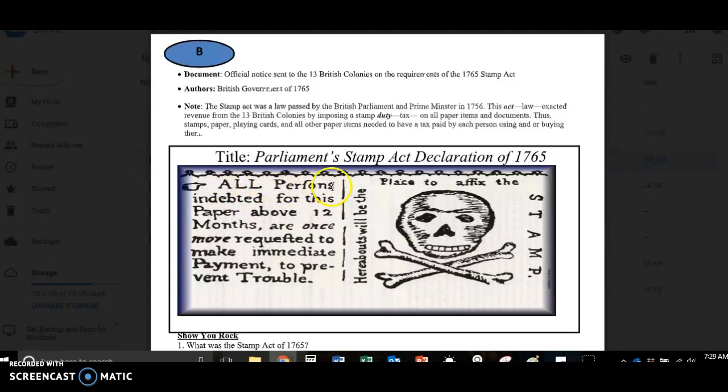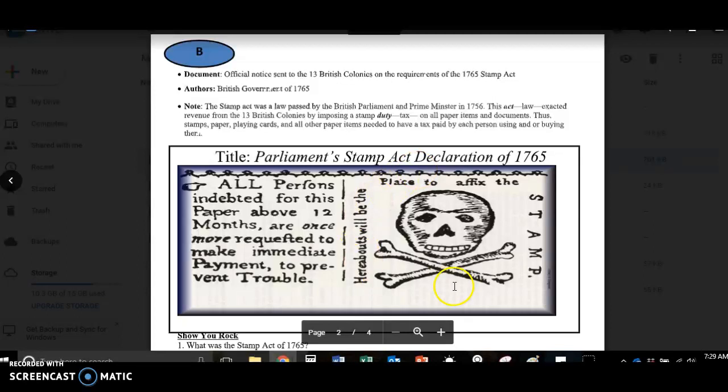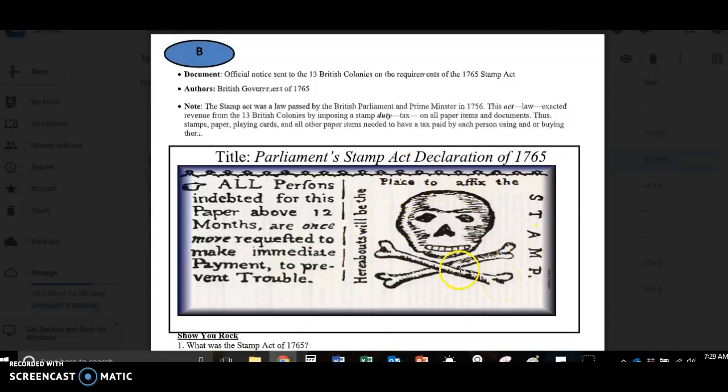"All persons indebted for this paper above 12 months are once more requested to make immediate payment to prevent trouble." Let's take a look at the next side of this document. We can see here a skull and some bones, usually depicting kind of like a negative feeling of punishment or death. And it says, "Hereabouts will be the place to affix the stamp."